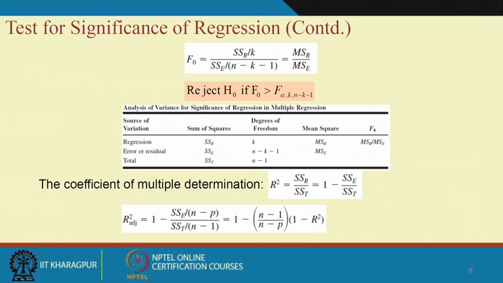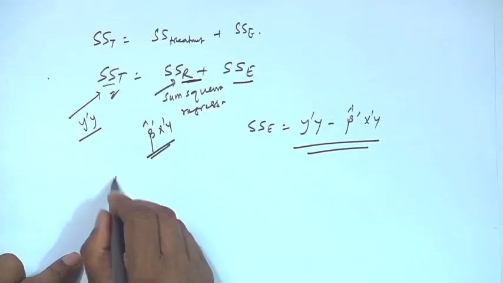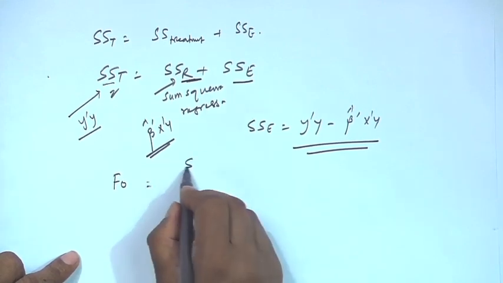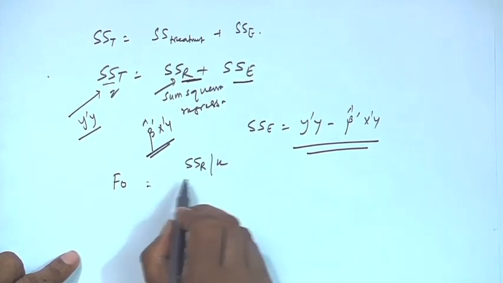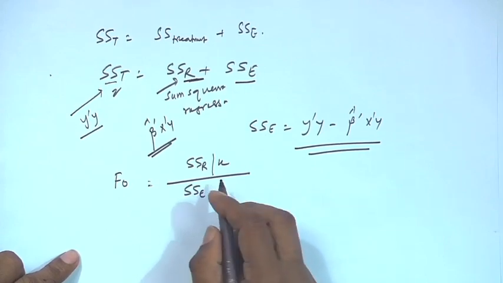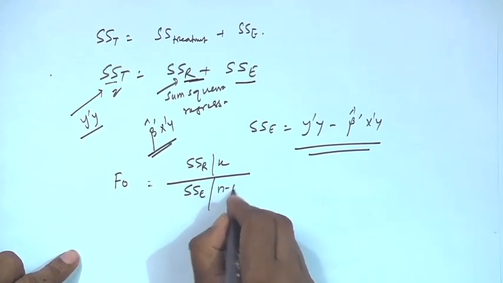Then you will create a statistic called F0. This is nothing but SSR divided by k, over SSE divided by its degrees of freedom n minus k minus 1.